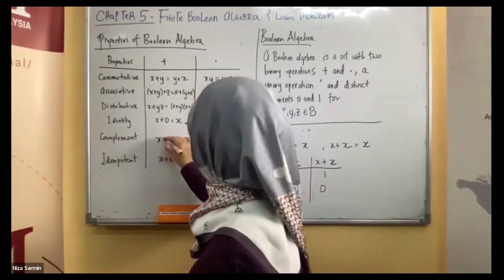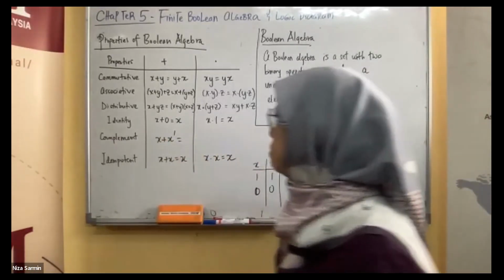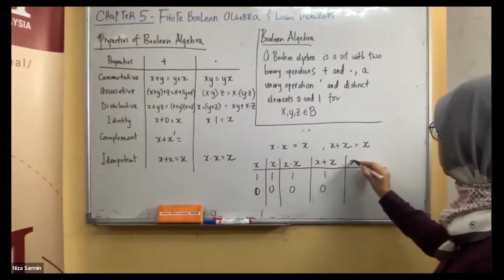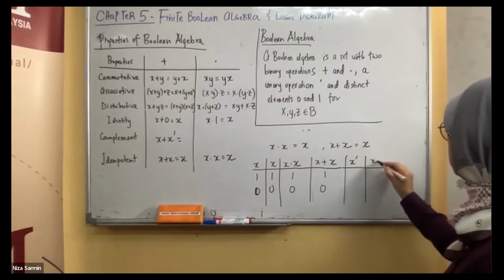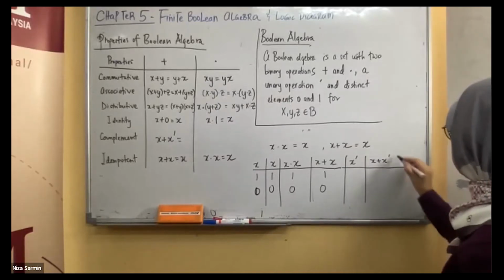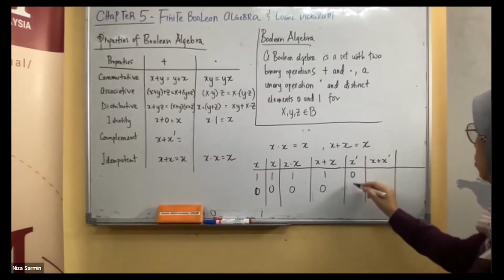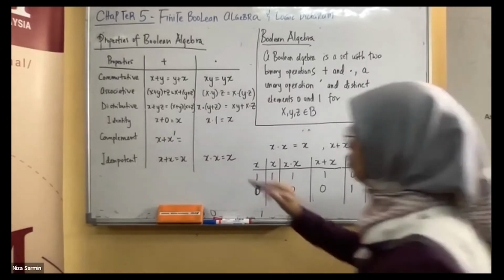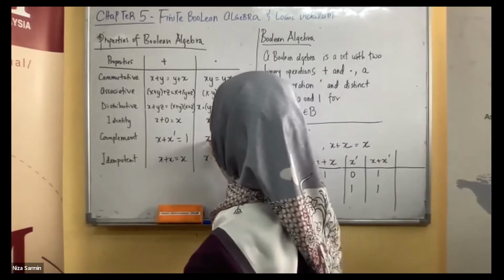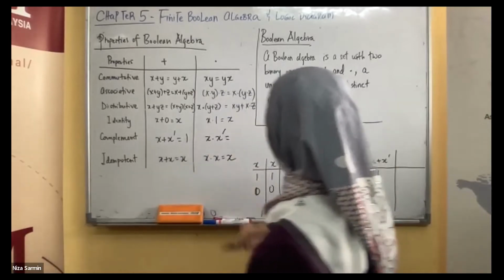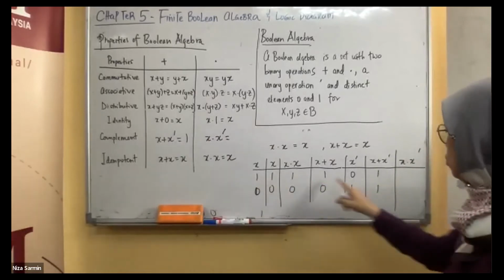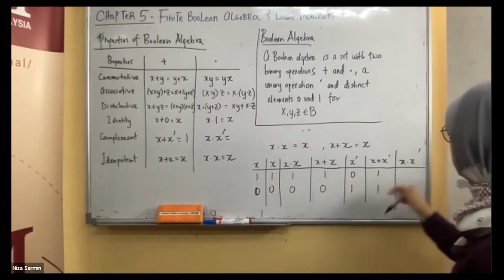What is x plus x prime? 0, 1. So when you add, it's always 1. And when you multiply, it's always 0, the other way.